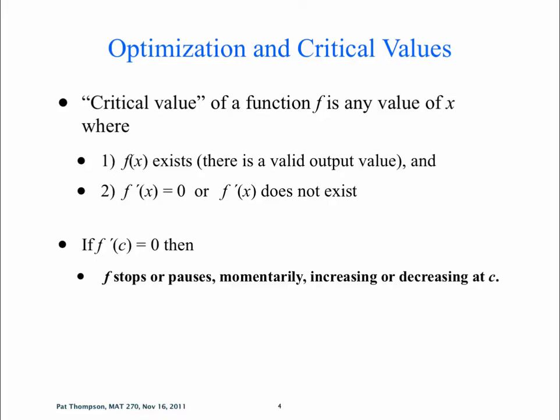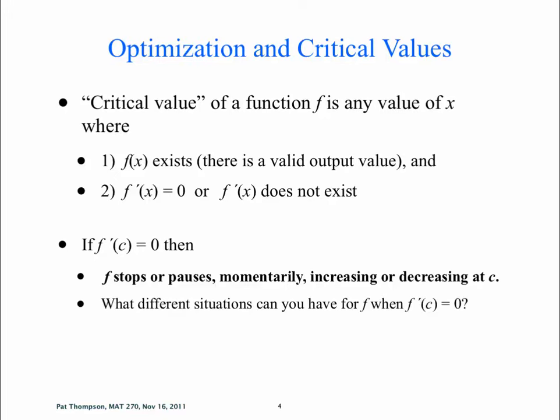So the accumulation is holding steady for a moment, or maybe for more than a moment. But at least at c, at that moment, accumulation is holding steady. Why? Because the rate of change is 0, and the function is not accumulating any quantity. It's holding steady.